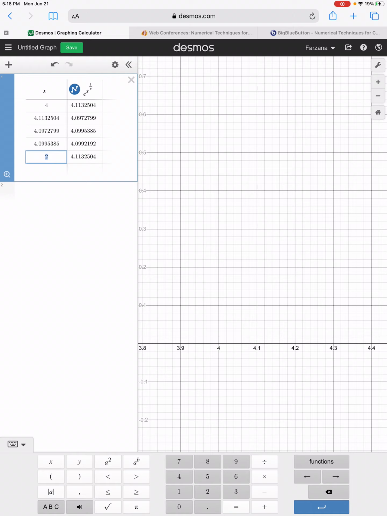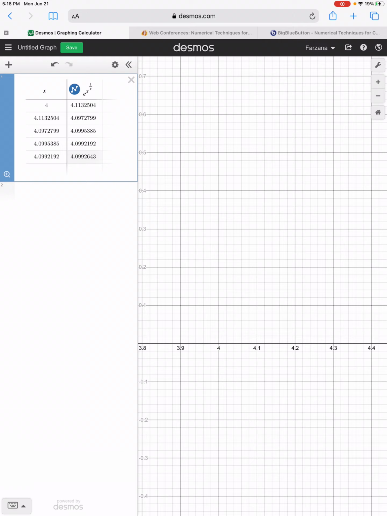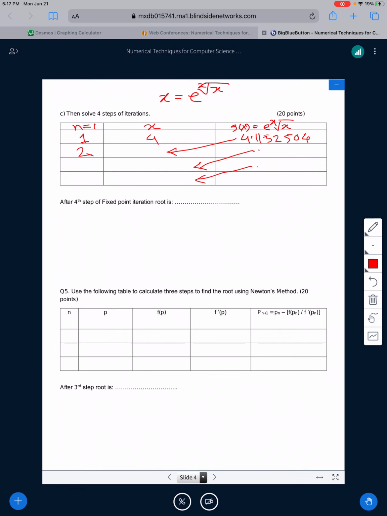So let us check what the next step gives us, 4.0992192. So you can see as you increase the step number, this is step 1, 2, 3, 4, 5, the root is correct up to 4 decimal places. Okay, so the question is asking what the root is after 4 steps, so that will be 4.0992. So after the fourth step, your root will be 4.0992.